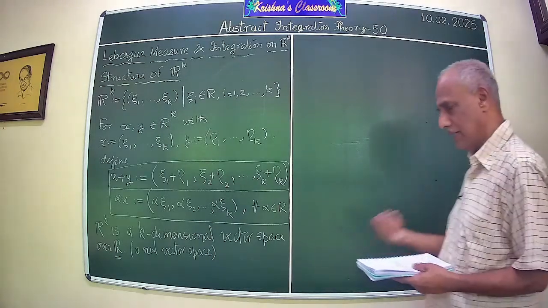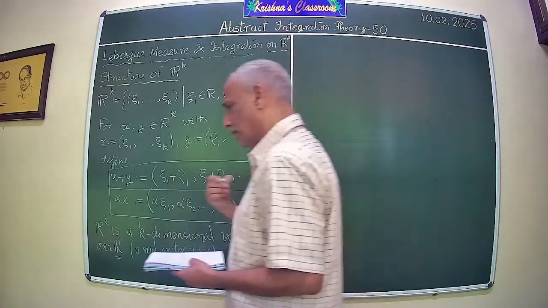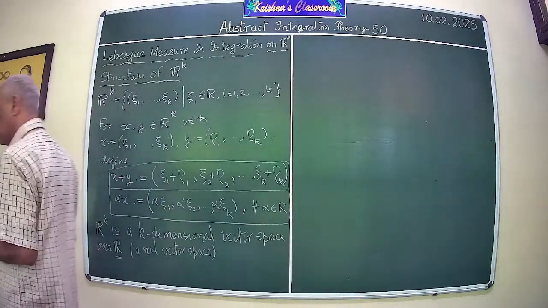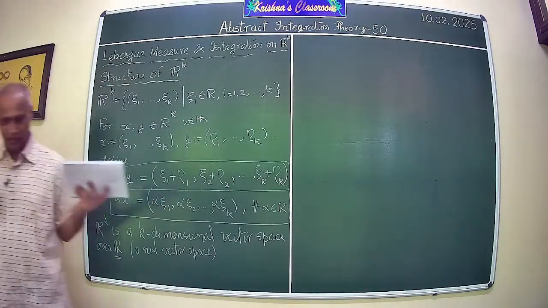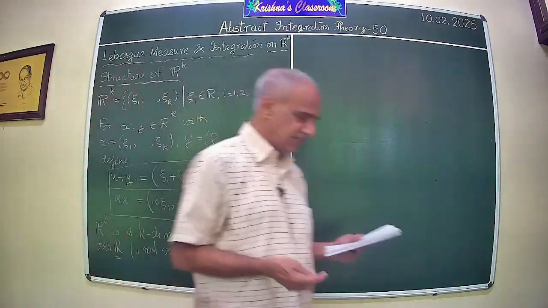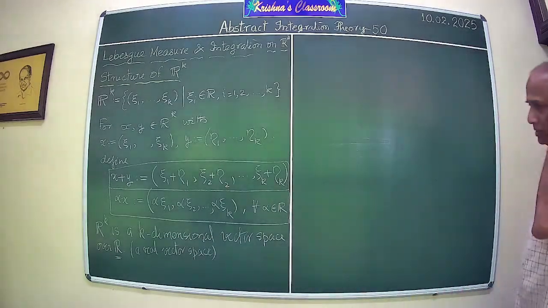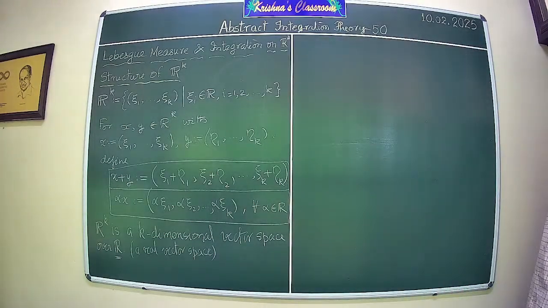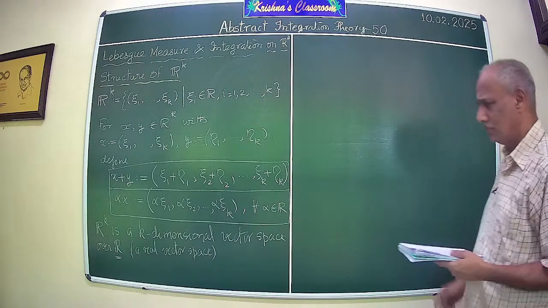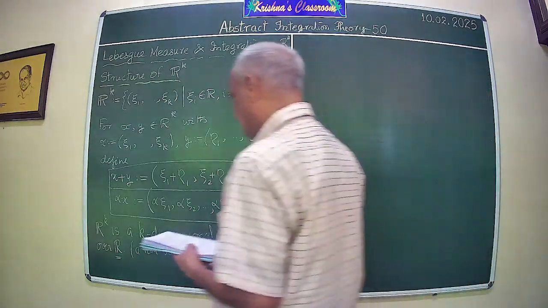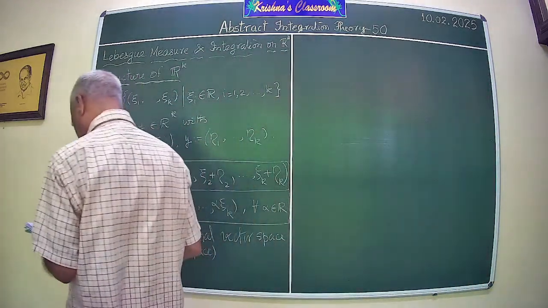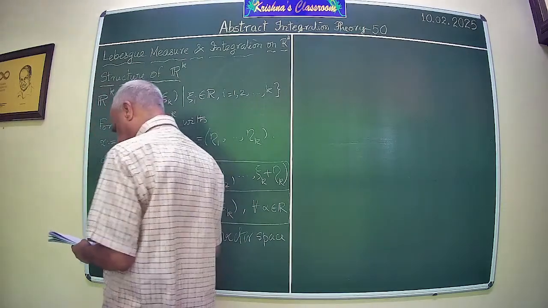So the guideline for what properties are to be there is coming from our experience of working with R^2. Now we have the concept of dot product on R^3 or R^2, and analogously you have the dot product or what you call inner product.